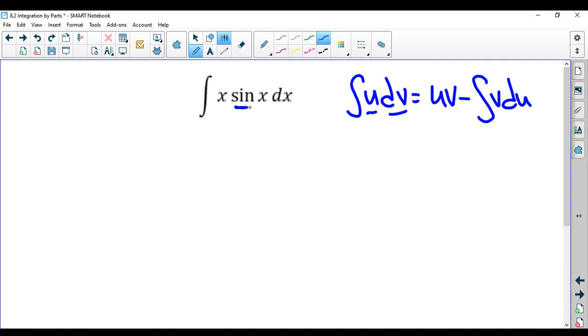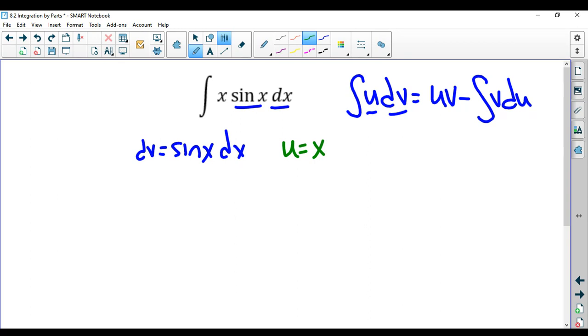We know the integral of sine x, so let's call dv sine x dx. You have to take everything into account. That means u is going to be x. Now, if you think of the guidelines, it's good to make u something whose derivative is simpler. The derivative of x is 1, that's simpler. If we chose it to be sine, the derivative of sine is cosine, which is not simpler. So this is a good start. Let's see if it works.